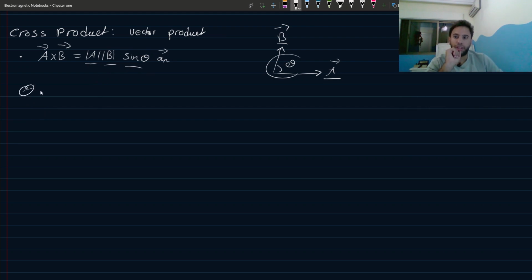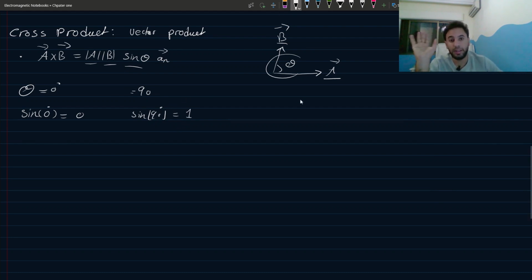Let's discuss when theta is equal to 0. What happens? Sine of 0 gives us 0. And when theta is equal to 90, it will give us sine 90, and sine of 90 degrees is 1.